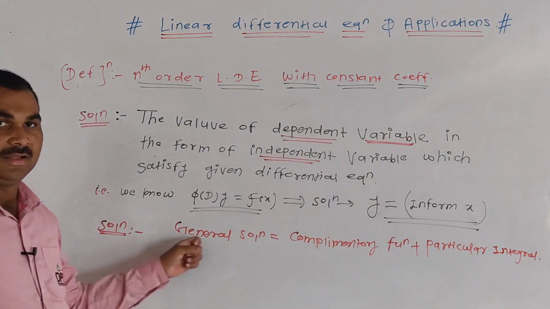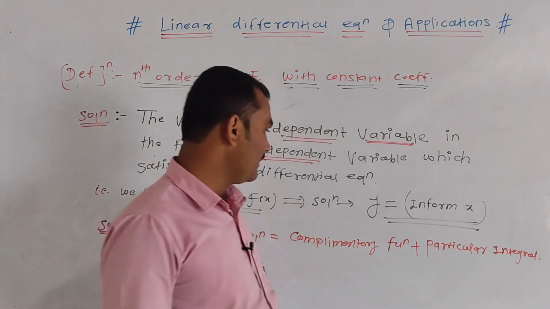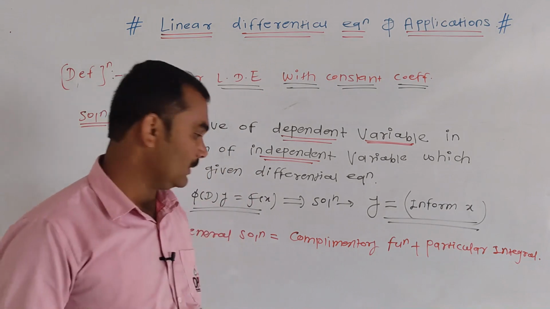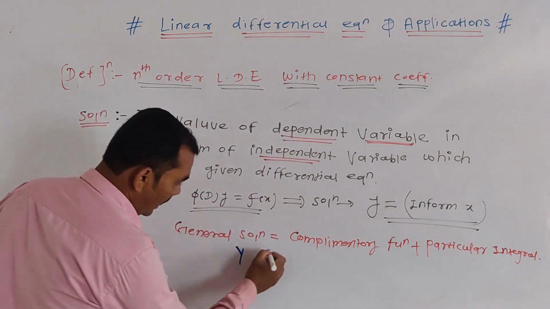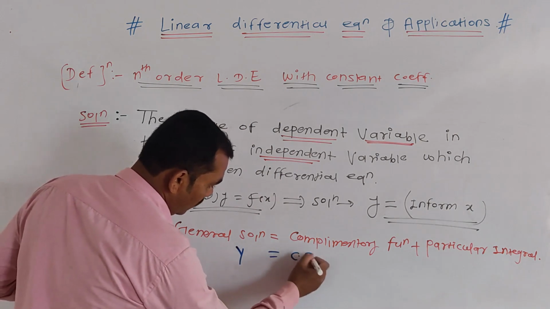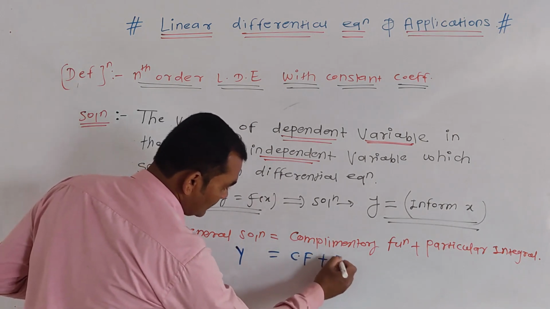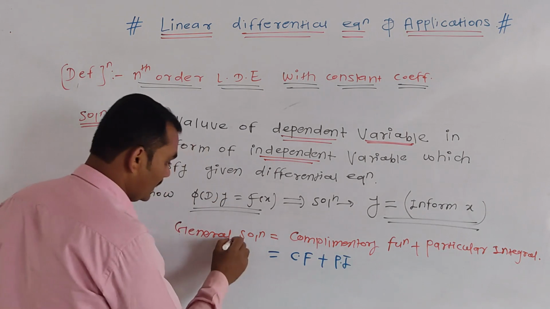This is your solution. The general solution is equal to complementary function plus particular integral. Okay, that is the value of y. We have to find value of y is equal to CF. Complementary function is called CF plus PI is called particular integral.